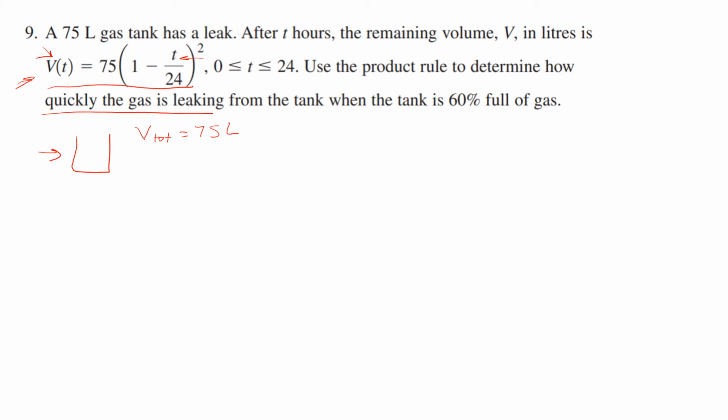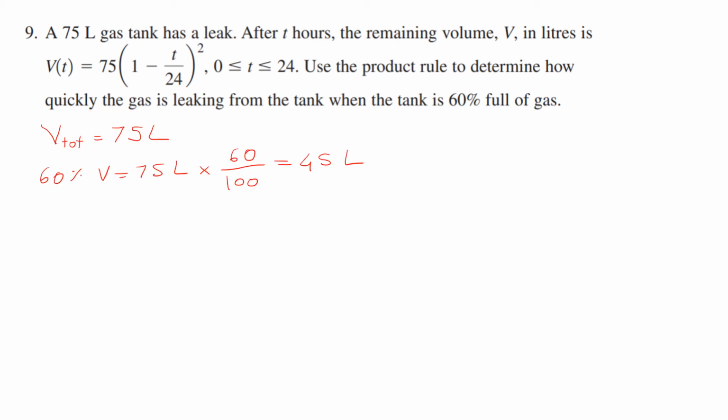But it wants us to find that at a point when the tank is 60% full of gas. So my y point is going to be, since the tank is 75 liters, 60% of 75 liters. I found that 60% of the total volume is 45 liters, so that's my y point.